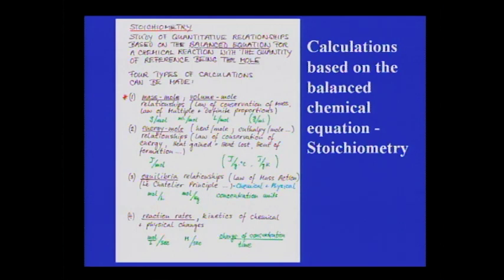Stoichiometry is the study of the quantitative relationships based on the balanced chemical equation or balanced reaction equation, where the quantity of reference is the so-called mole that you've already learned about.